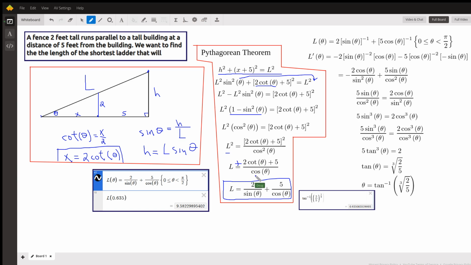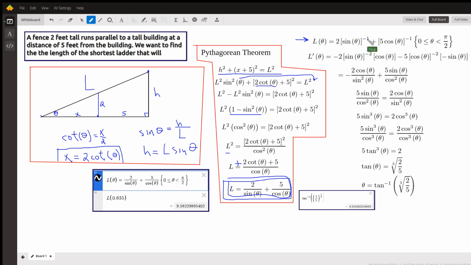You could leave it like that, but we're going to take the derivative, and it's easier to take the derivative if you divide cosine theta into both terms in the numerator, giving you this. So there's L of X, or L of theta. And I've rewritten that up here with the sine of theta in the numerator. You could also write that as 2 cosecant theta, but it's probably just easier to leave it this way.